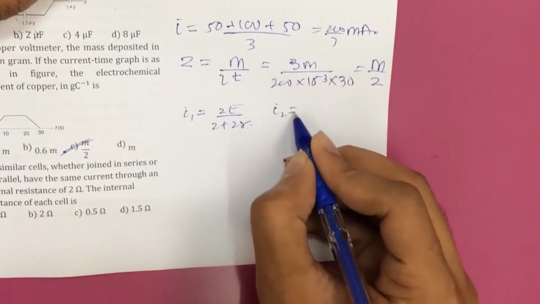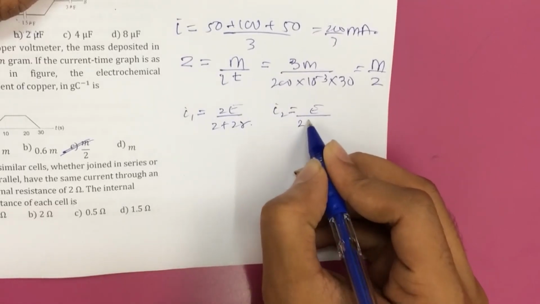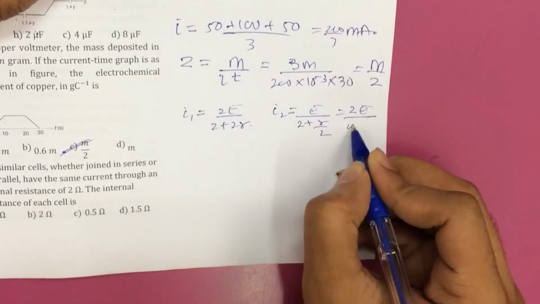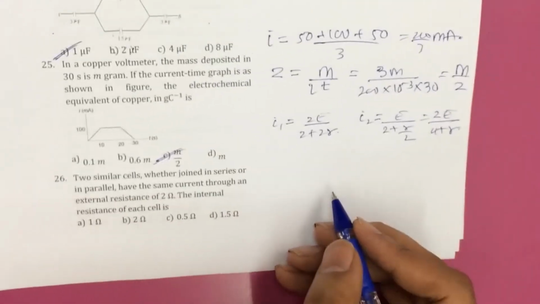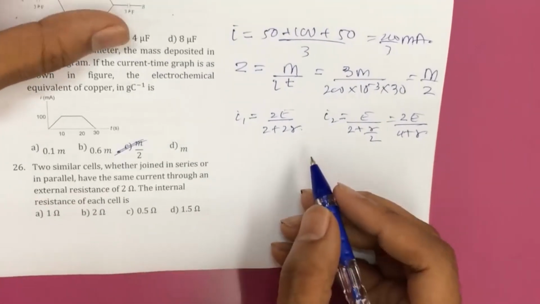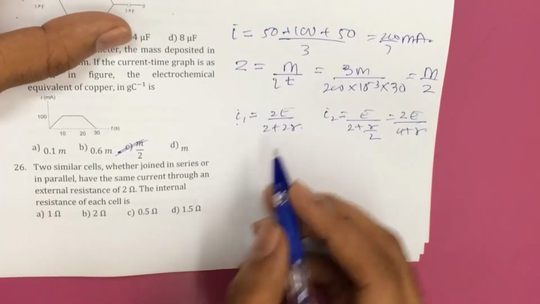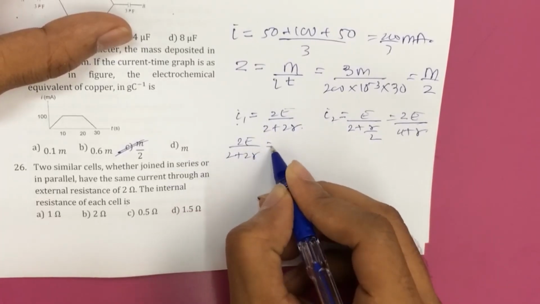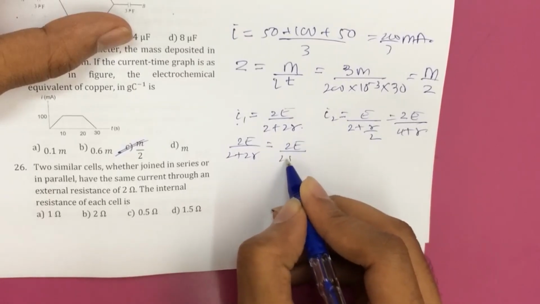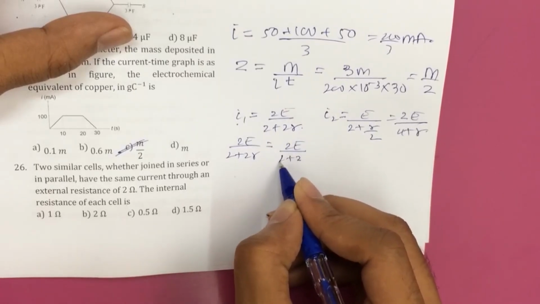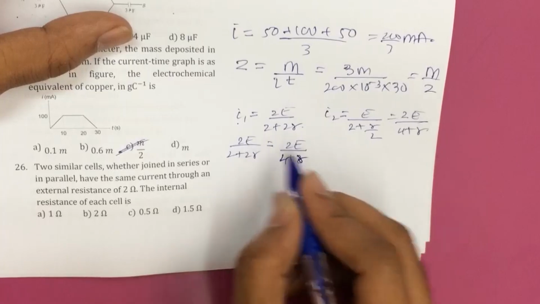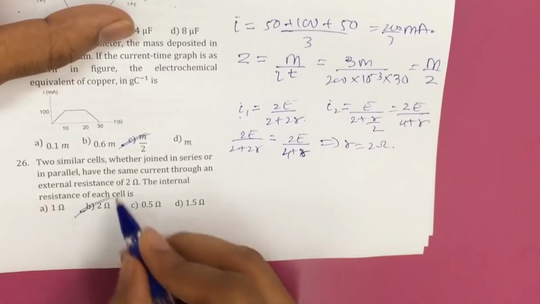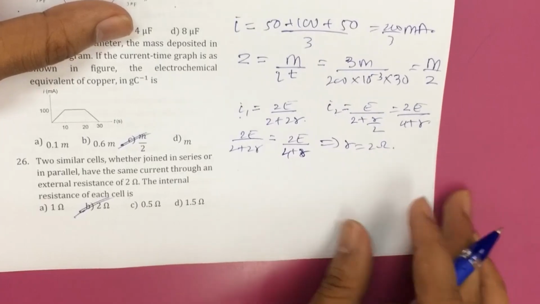In case of a parallel circuit, I2 will be equal to E divided by 2 plus r by 2, which basically means 2E divided by 4 plus r. Since I1 and I2 are equal as given in the question, 2E divided by 2 plus 2r will be equal to 2E divided by 4 plus r. On solving this, we will get the value of r as 2 ohm. So the correct answer is option B, 2 ohm.